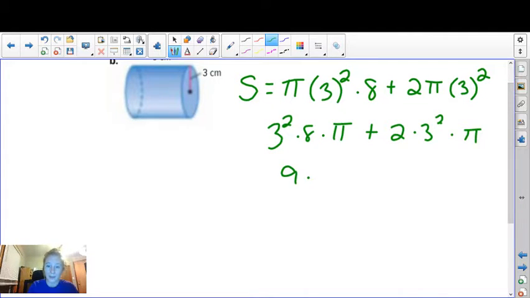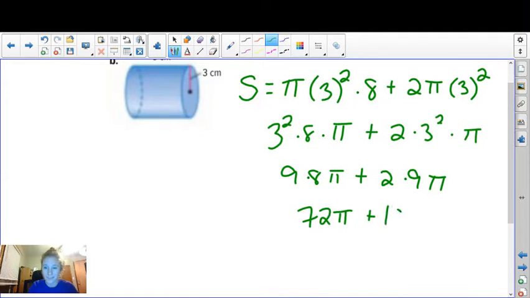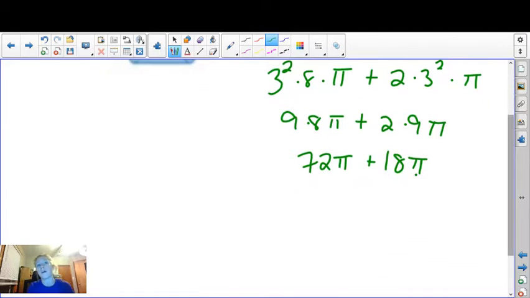That'll give me 9 times 8 pi, and this will give me 2 times 9 times pi. 9 times 8 is 72 pi, and 2 times 9 is 18 pi. You're like, but they both have a pi in them. And you're right. So I have this many pi's and that many pi's, a total of 18 and 72, which give me 90.